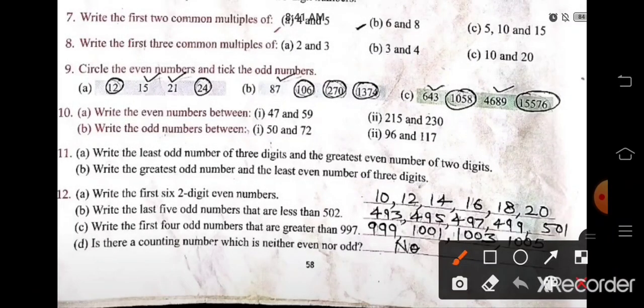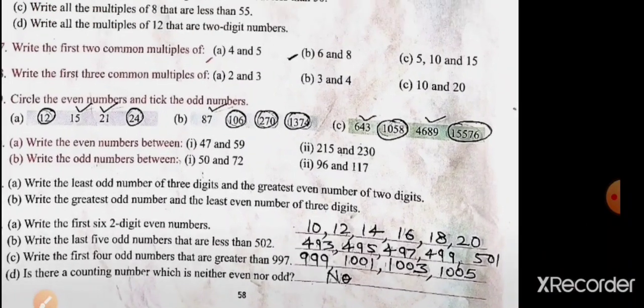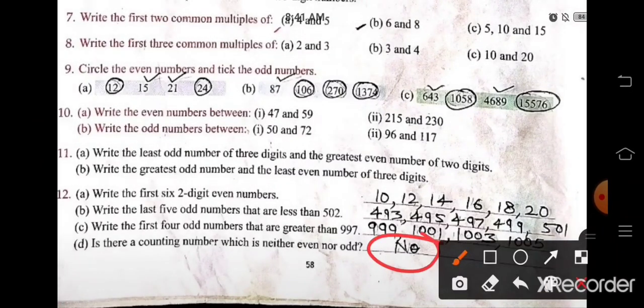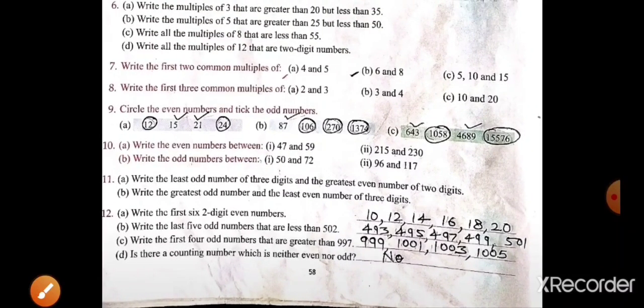So 999, 1001, 1003 and 1005. Is there a counting number which is neither even nor odd? No. Okay, its answer is no. Okay, now your exercise 8A is finished.